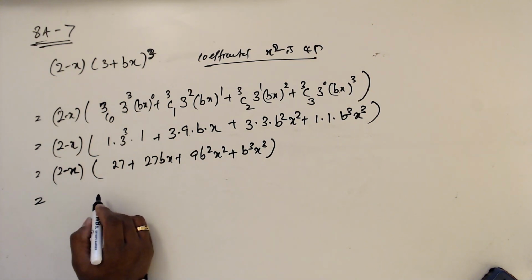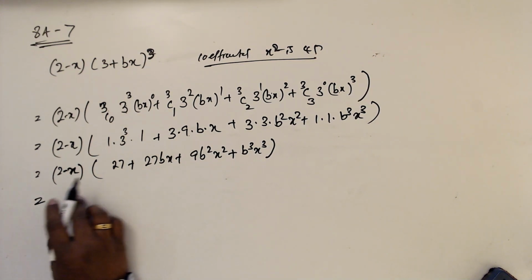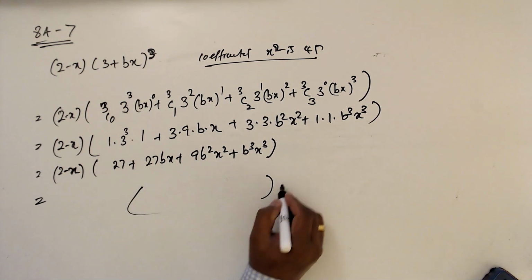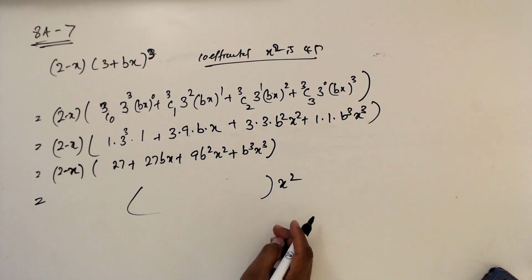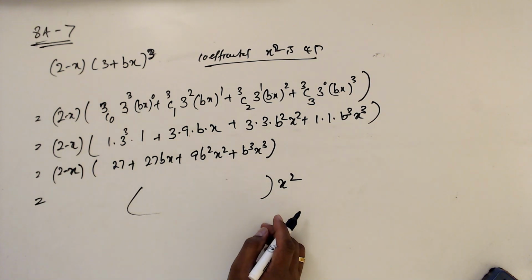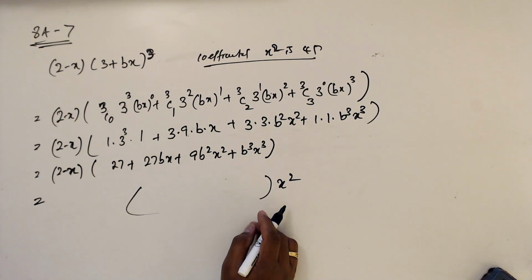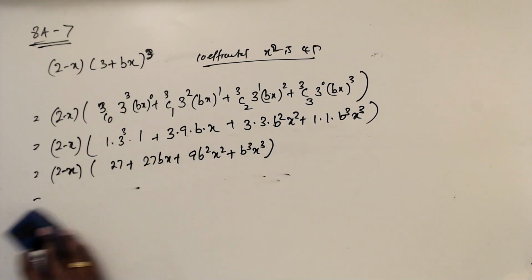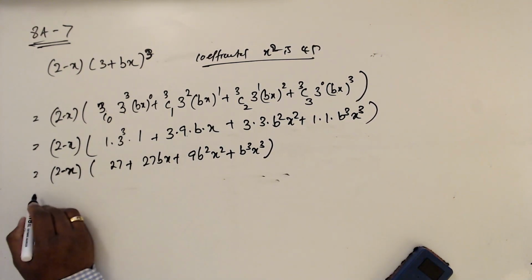Now, shall I multiply by everything or shall I take only the x square coefficient? You can do both ways. So I'll do the full expansion first.